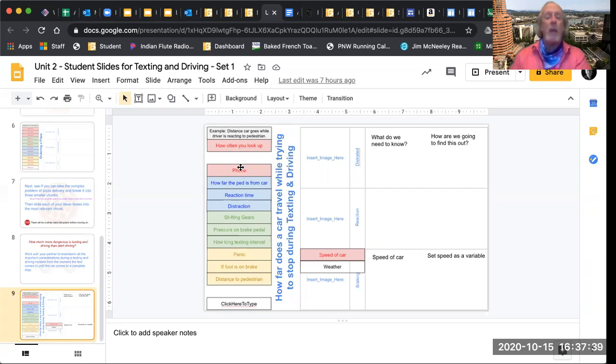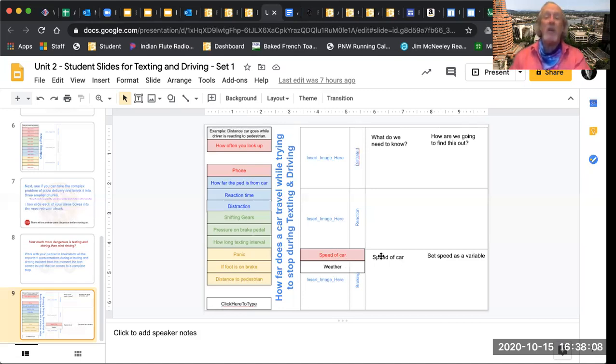What I am asking is that before next class, you take these and move them into this column, grouping them under the three categories of braking, reaction, and distraction. Then, in the final two columns, for each one of these variables, what do we need to know and how are we going to measure it? There are some easy ones, for example, the speed of a car.